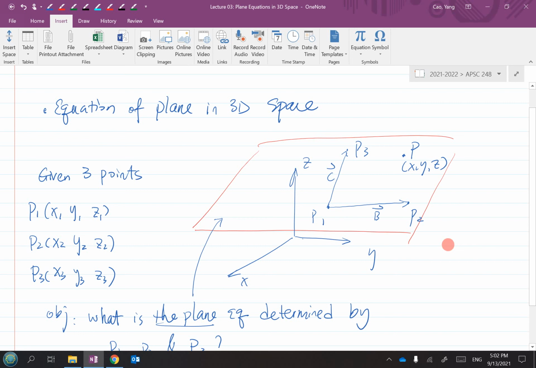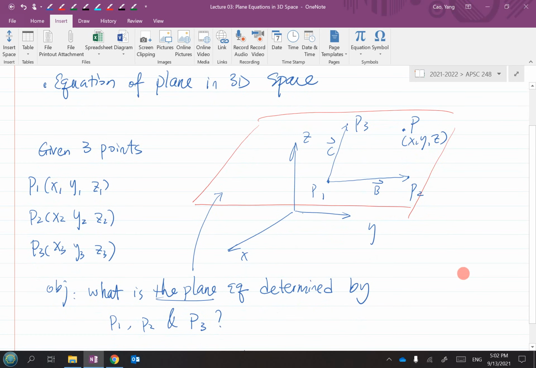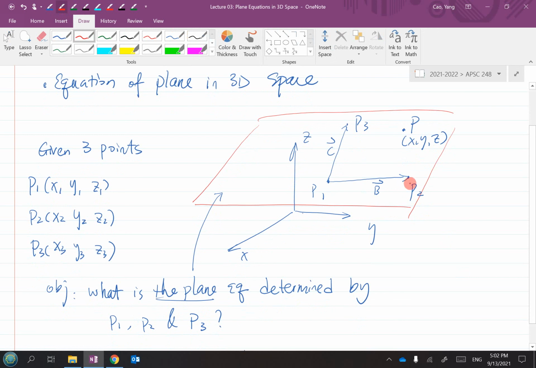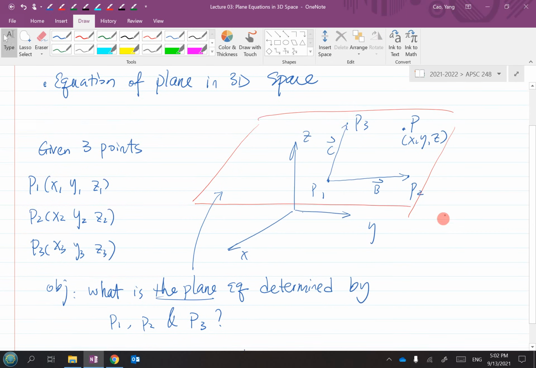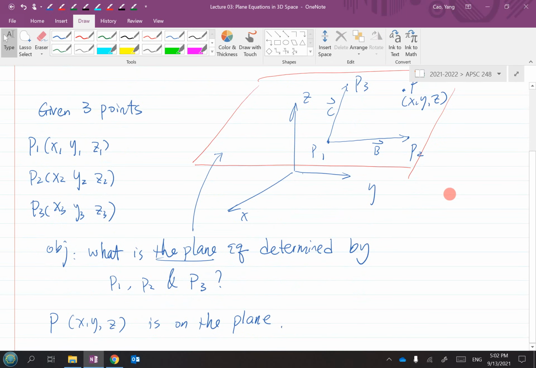The formulation of the problem is to find the plane in 3D space. We were given, let's say, 3 points, P1, P2, P3. Let's suppose we know the coordinates of the 3 points, and we know exactly that a plane will be determined by the 3 points uniquely. We emphasize that the 3 points are not on the same line.